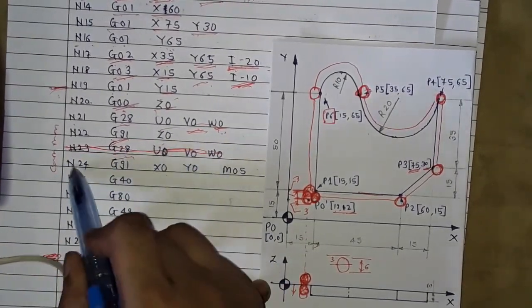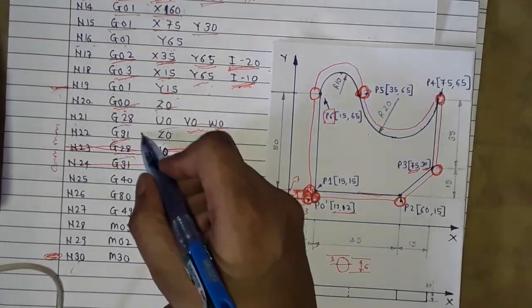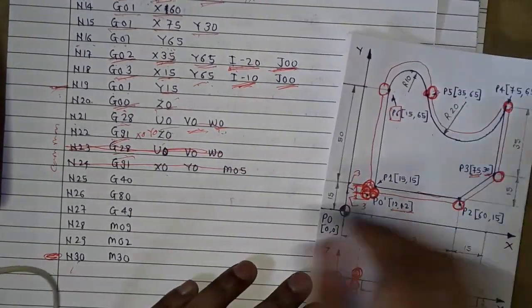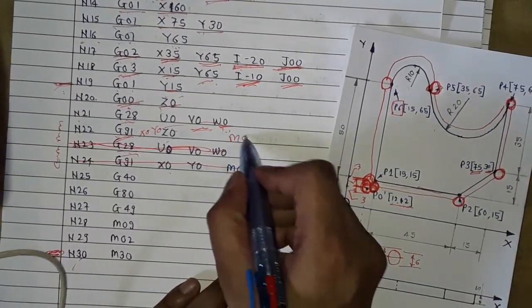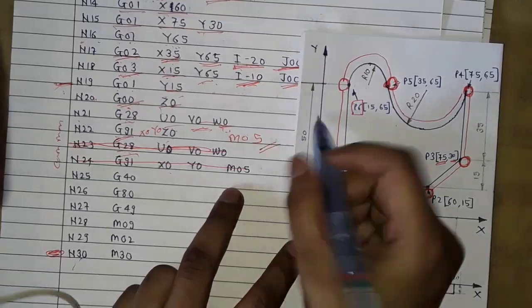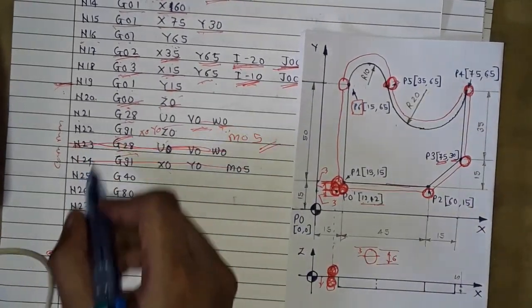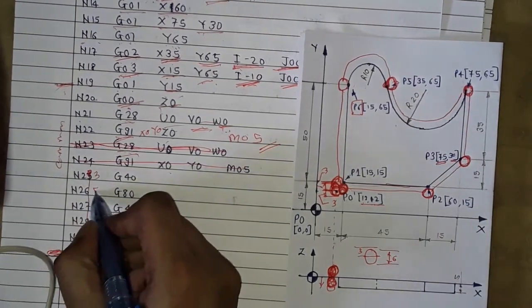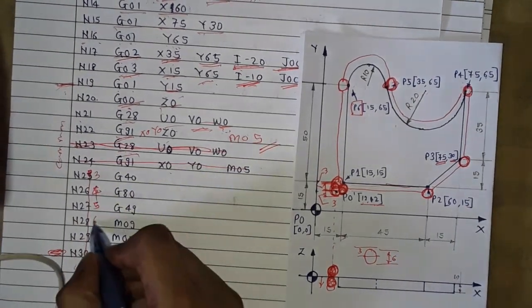Here it is X0 Y0 Z0, and we will take M05. M05 is for spindle off, so this sequence will be 22, 23, 24, 25, 26, 27, 28.